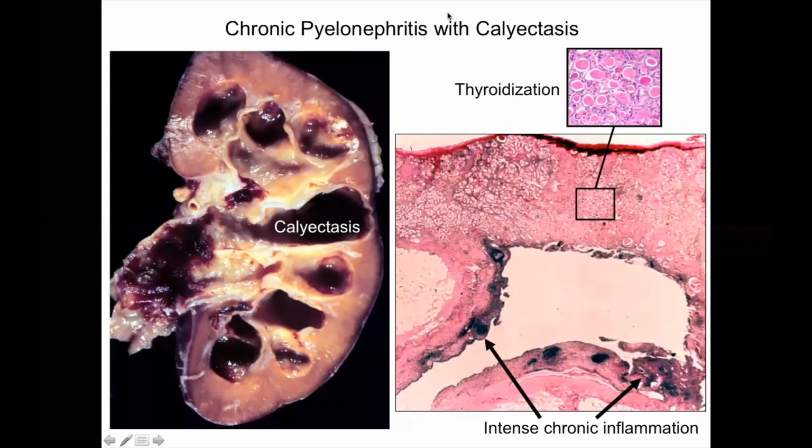Chronic pyelonephritis, like I told you guys, can happen via vesicoureteric reflux. It can also happen with chronic staghorn calculi.